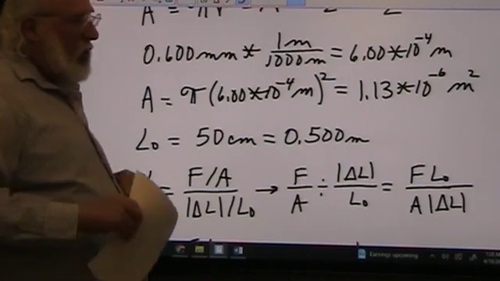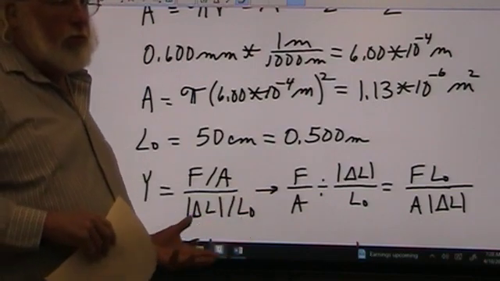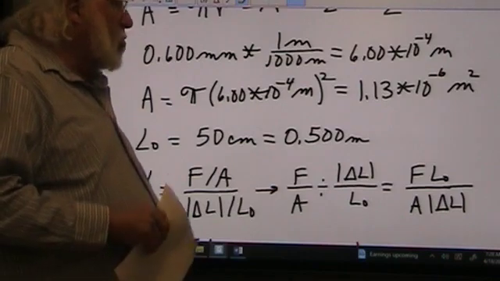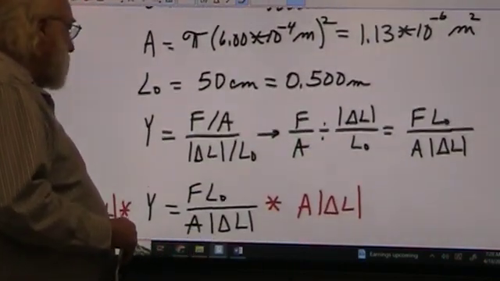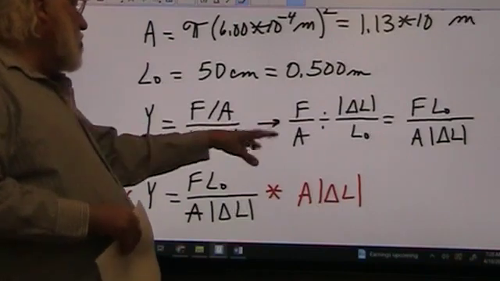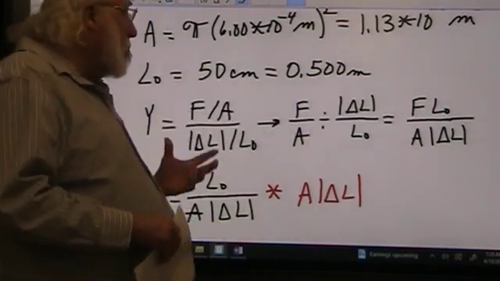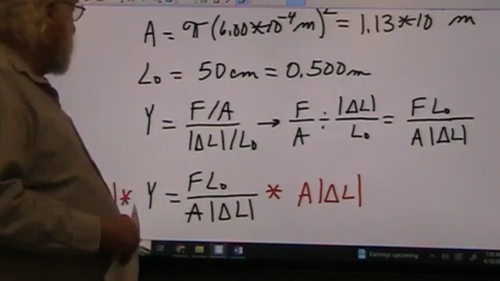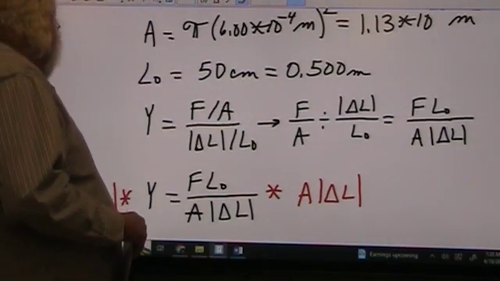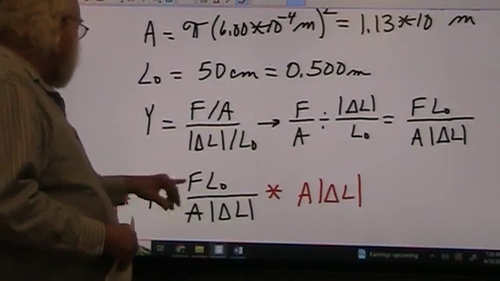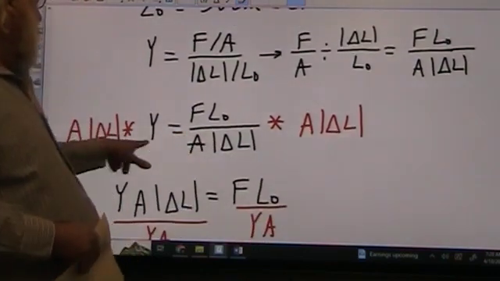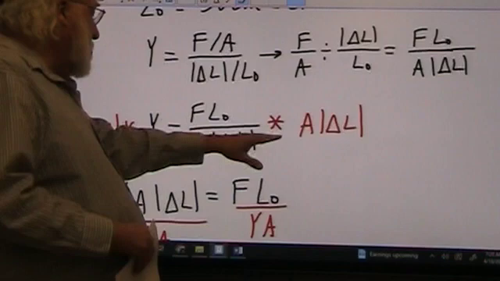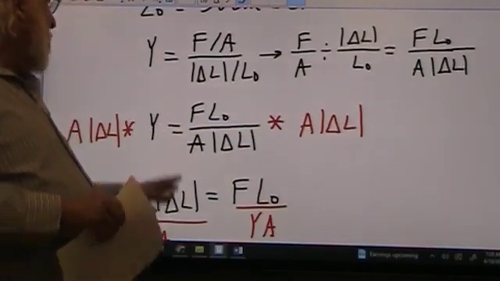The example I gave you on the script shows one way in which you can apply the mathematics. Another way I wanted to show you is how you can rewrite the equation to get your unknown variable by itself. Our unknown variable in this case is the change in length, delta L. Let me back up.